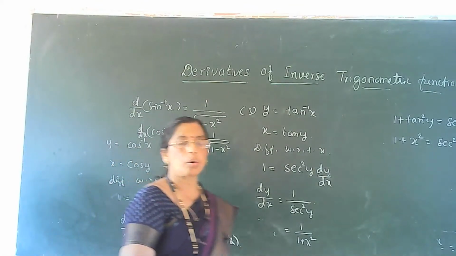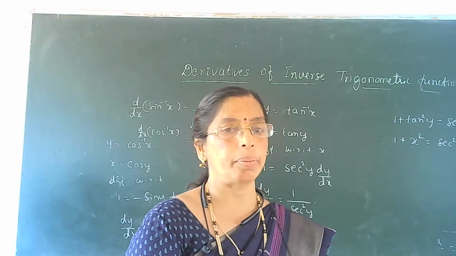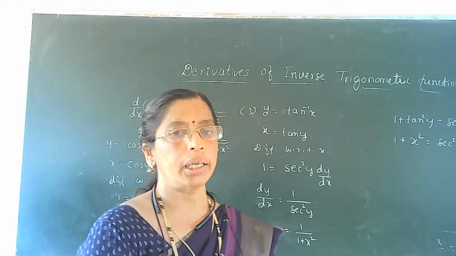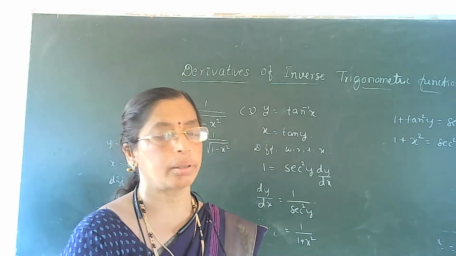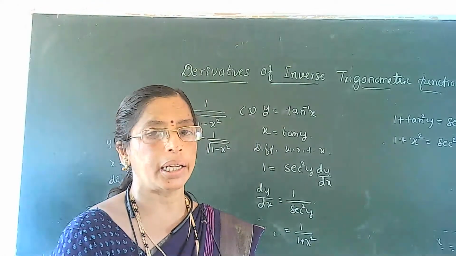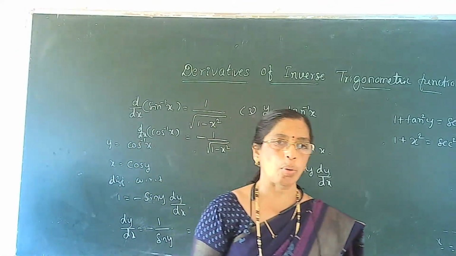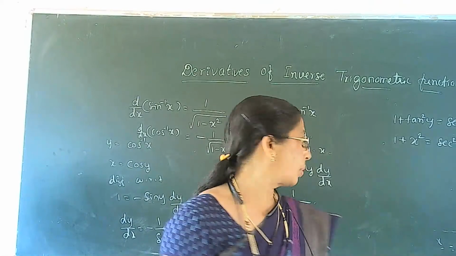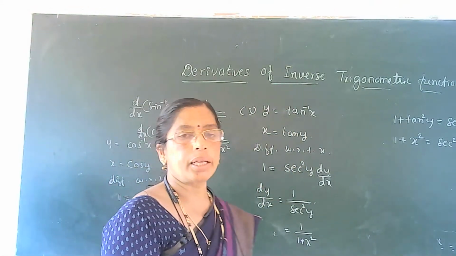Yes, we solved finding the derivative of three inverse trigonometric functions: sin inverse x, cos inverse x, and tan inverse x. Derivative of sin inverse x is 1 by square root of 1 minus x square.